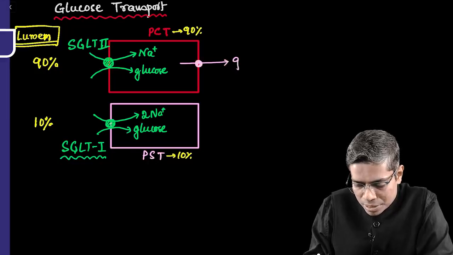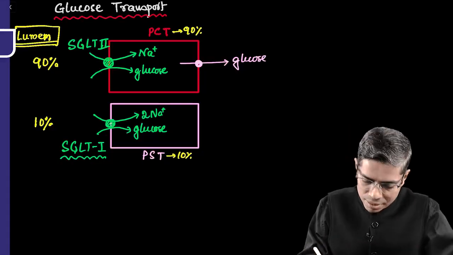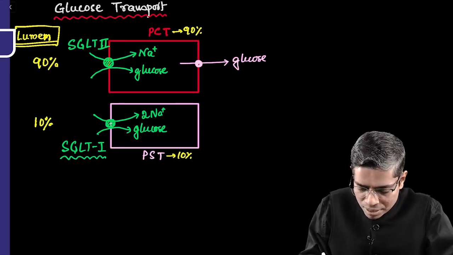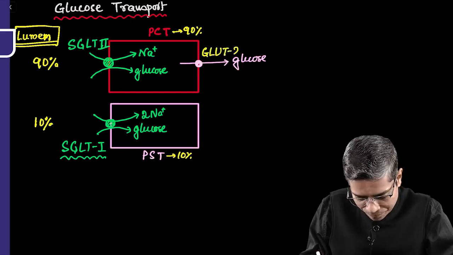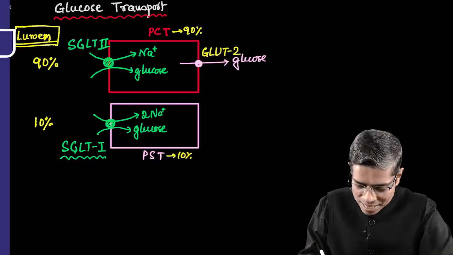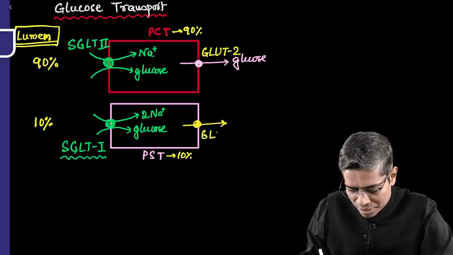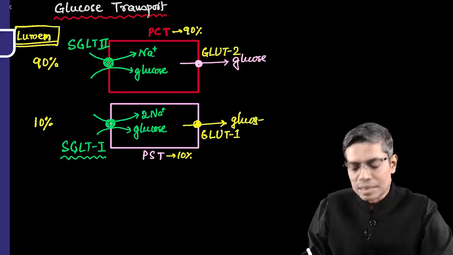The glucose is absorbed from the basolateral surface by another transporter. If it is SGLT2, then the transporter on the basolateral membrane will be GLUT2, right? And if it is SGLT1, then the basolateral transporter will be GLUT1. With the help of this, the glucose will be reabsorbed into the blood.